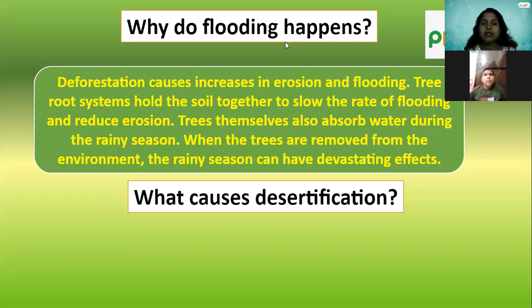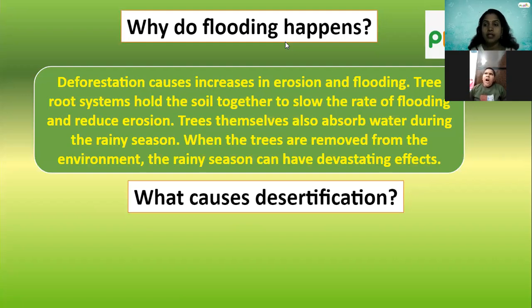So what causes this? Deforestation means human activities. That means we are the main reason for deforestation. Who is doing the deforestation? We are the ones cutting down the trees. Human activities that contribute to deforestation include the expansion and intensive use of agriculture.